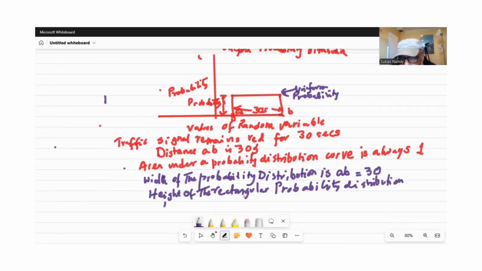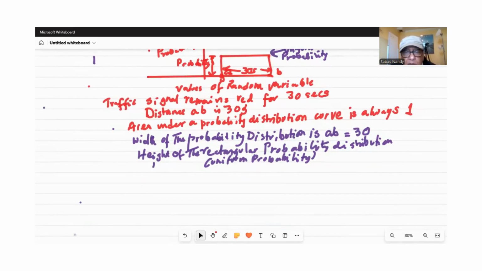A rectangular probability distribution is the same as the uniform probability distribution. And I told you the probability is constant irrespective of the time between 0 and 30 seconds at which you reach the traffic signal. Let's call the height h.